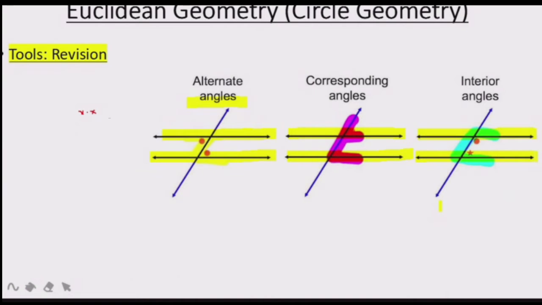Also, if you have two straight lines that intersect, they form what we call vertically opposite angles. Now if you have these two lines that intersect, it means my opposite angles, this angle and this angle over here, would be equal, and this angle and this angle over here would also be equal.